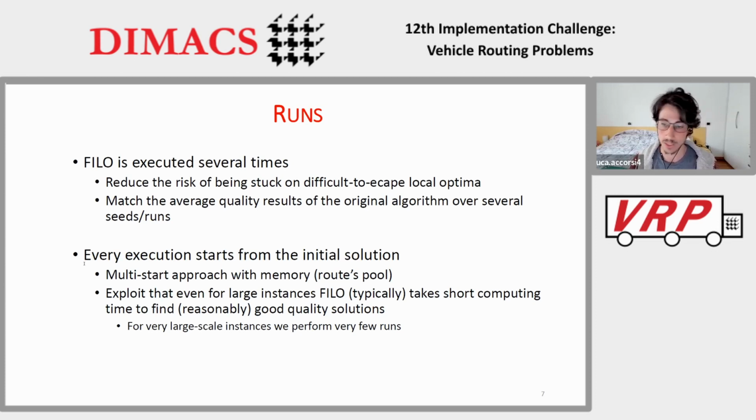When we move to much larger instances, even FILO, because of its localized optimization, would take more time, more iterations. So as I'll show you later in the parameters tuning, for larger instances, we typically perform few iterations, but we allocate more time for every iteration.